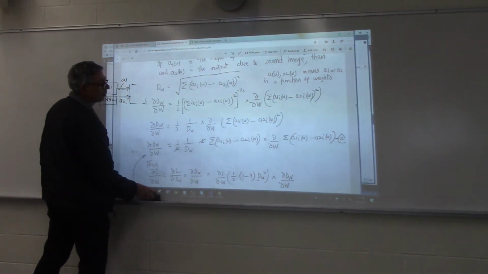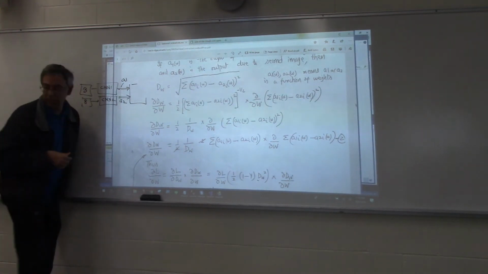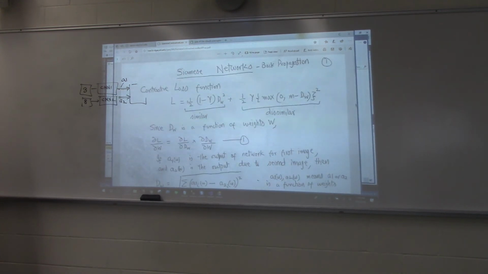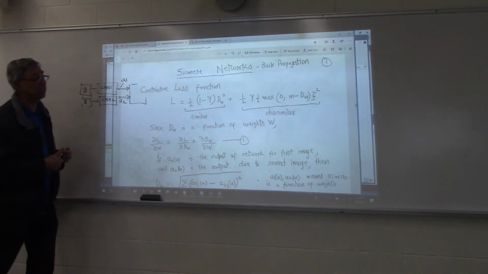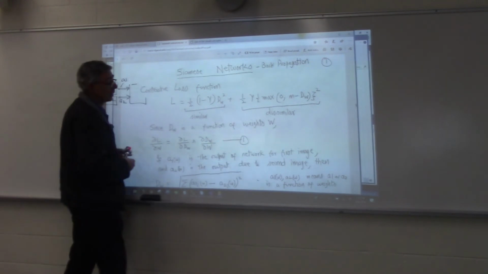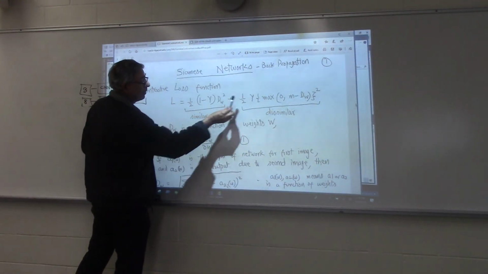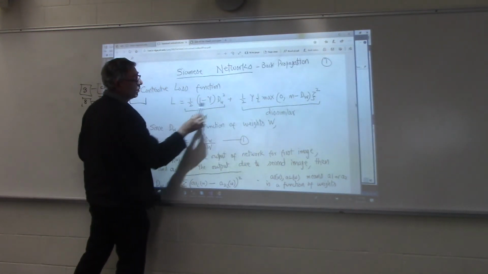I'm sorry, why do you say y is supposed to be 0? That's how the loss function is defined. It has two terms, one for similar cases, one for dissimilar cases. In the similar cases, the expected output is supposed to be 0. As you can see, if it is 0, this term disappears, and only half dw square is left.